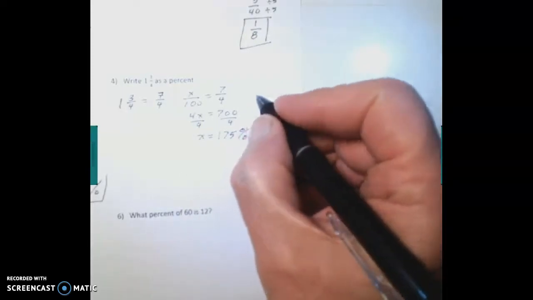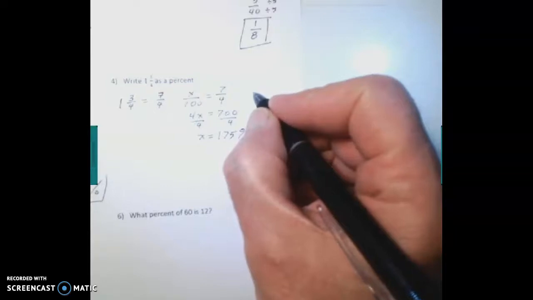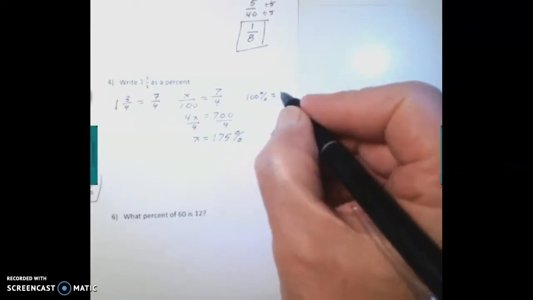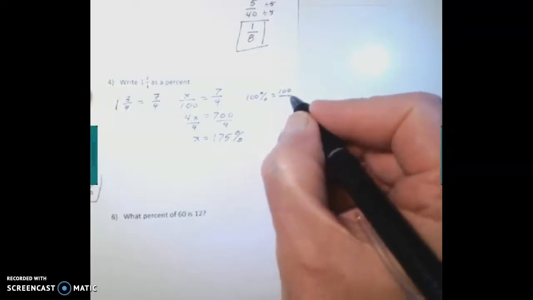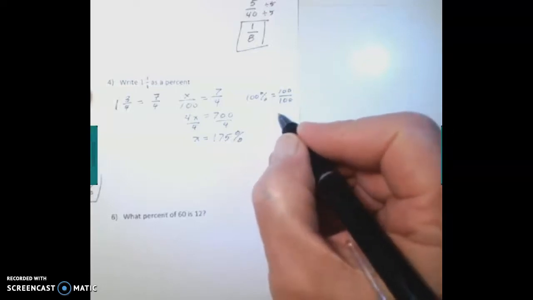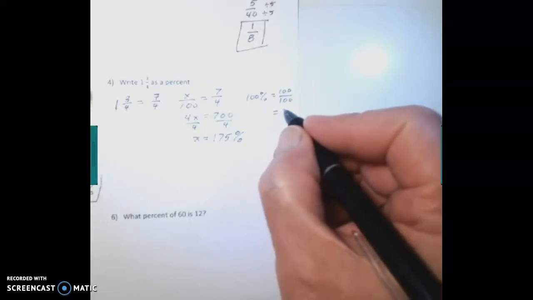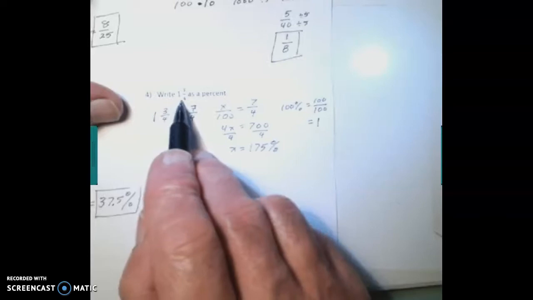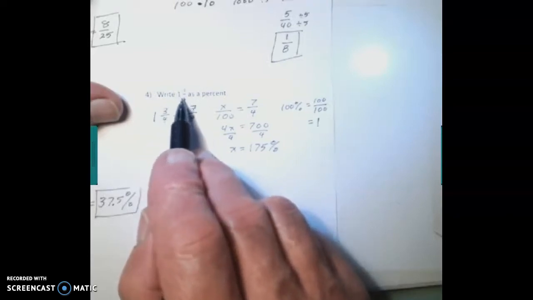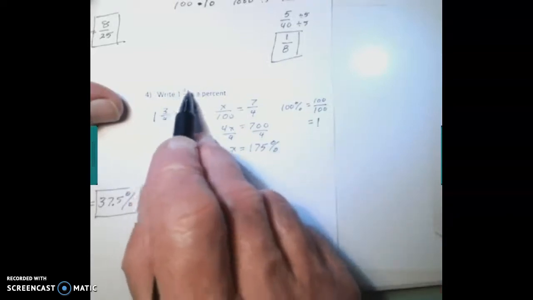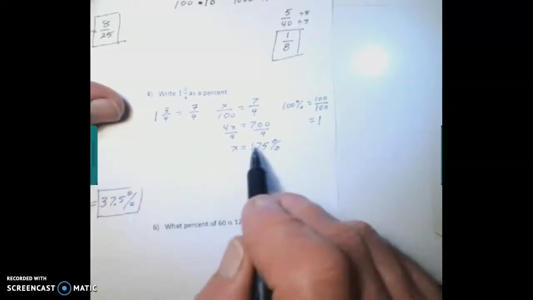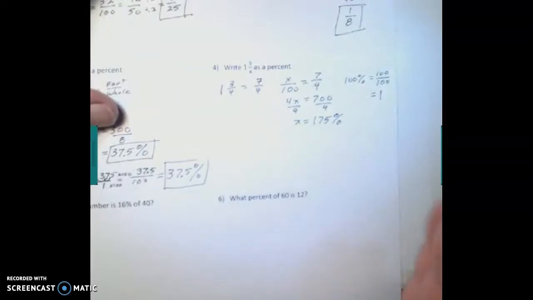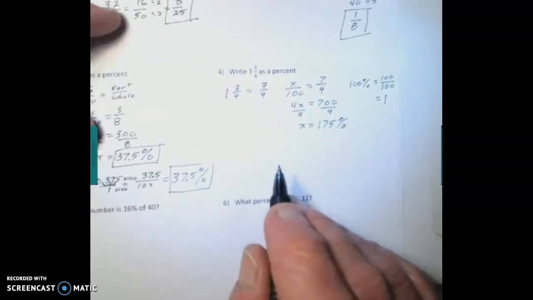I would hope it would, because you think about it, 100% would mean 100 out of 100. That is the same thing as 1. Since this number was 1 plus something more, then yes, it's got to be 100% plus something more, and that's what we've got, 175%. Could you do it by changing it to a decimal?